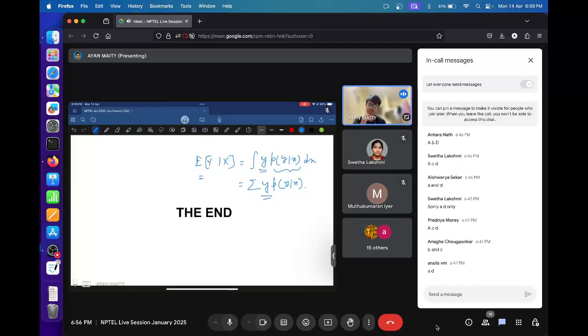I'm not able to understand it properly. I saw somewhere that there's an assumption that expectation of y given x is linear. What is the implication of that? Not in all cases, in some cases I saw it like that. I just wanted to know the meaning of that assumption.